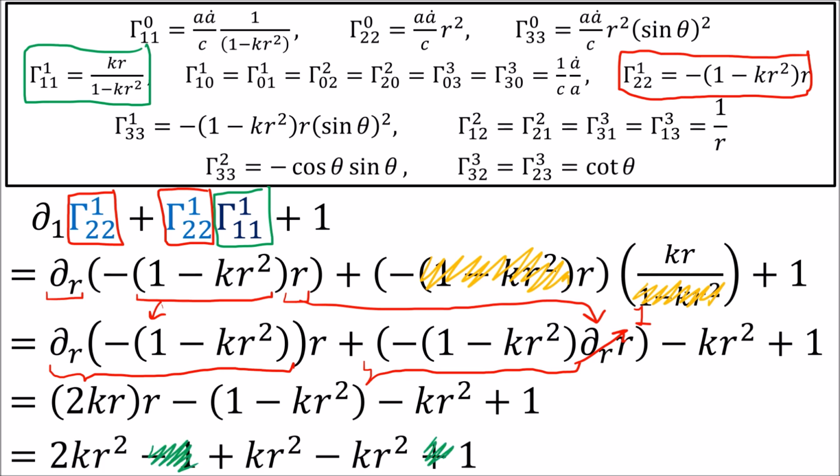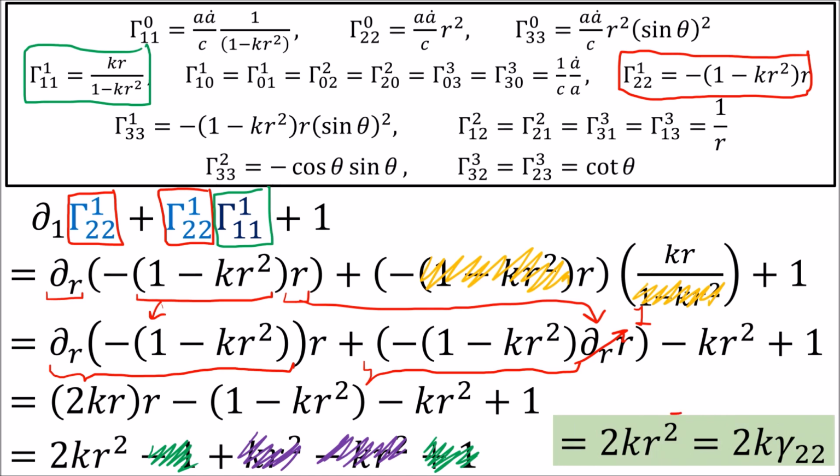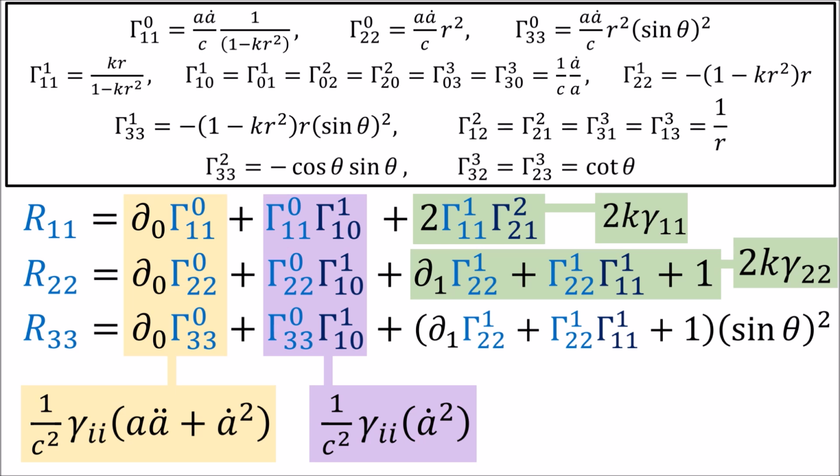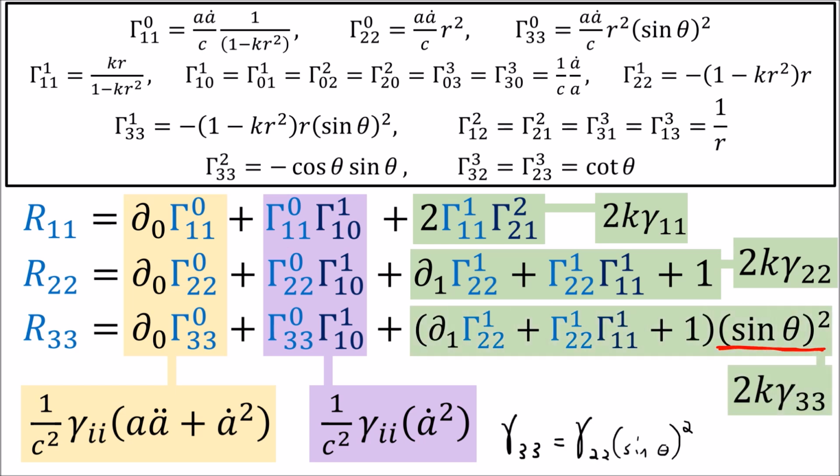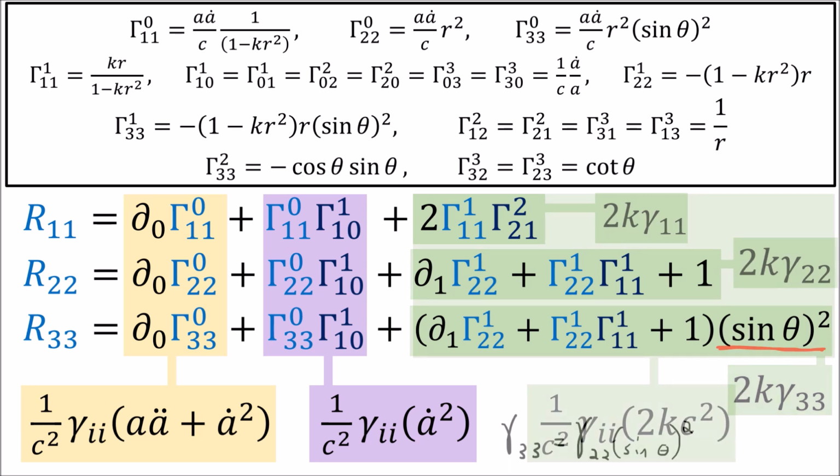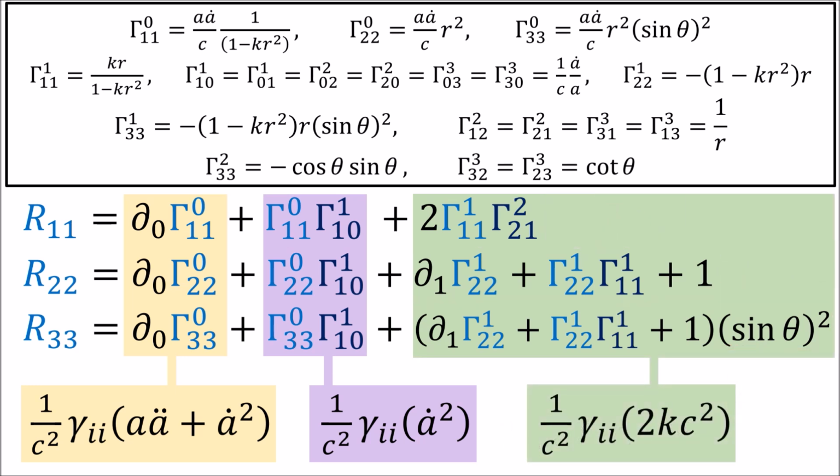Simplifying, we can cancel all these terms on the end to get 2kr squared. And since r squared is lowercase gamma 2,2, we can rewrite this as 2k gamma 2,2. And with the extra sine squared on the end, this is just gamma 3,3. So these terms on the end each equal 2k gamma i.